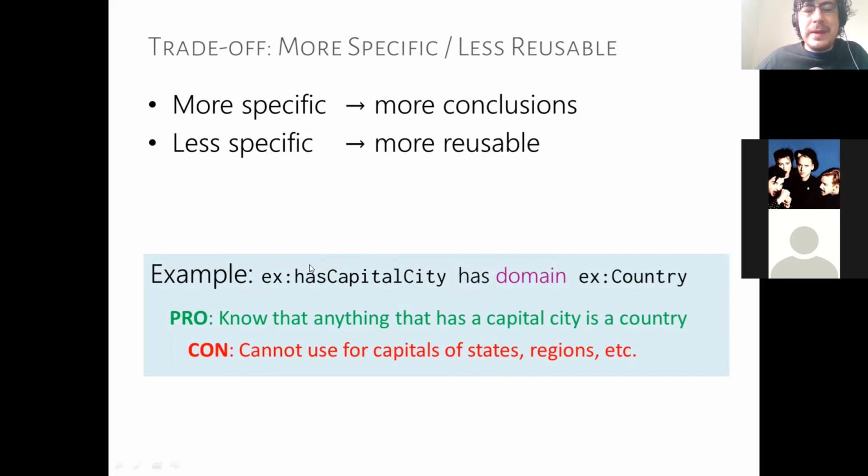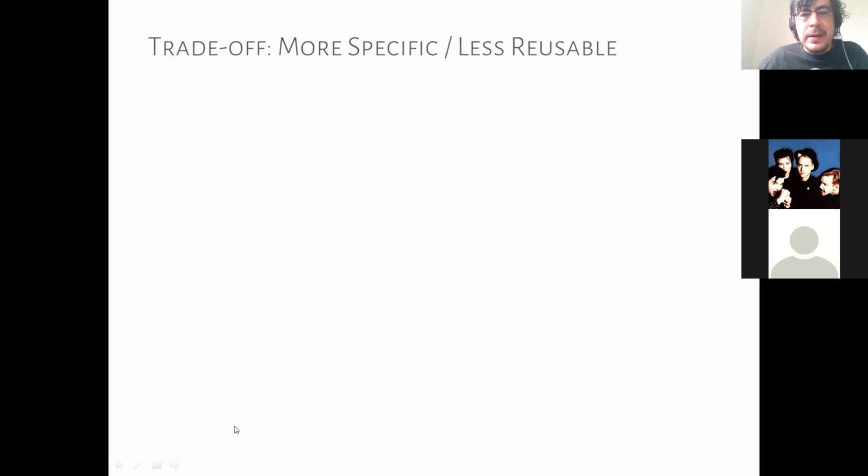If some place on the web has defined this has capital city, we might just use that property to define the capital cities of, I don't know, US states, for example. And that will cause issues because we'll now entail or infer every US state with a capital city to be a country. So there's a trade-off and there's no right or wrong answer.